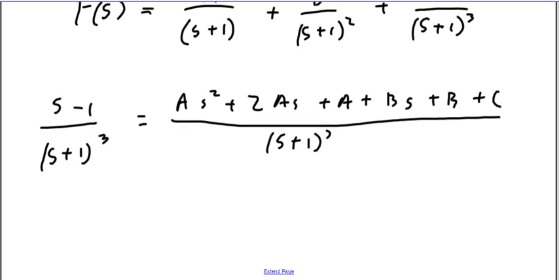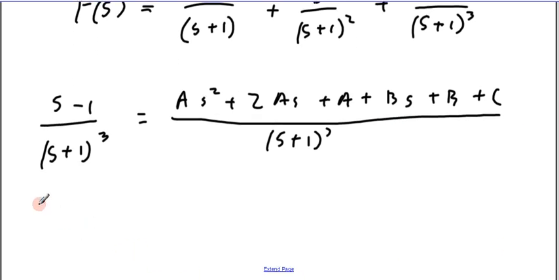Okay, so I look at the s squared term, and I see that a is the s squared term, and it is 0. So a is 0. I look at the s term, and I say I have 2a plus b, and that has to be 1.